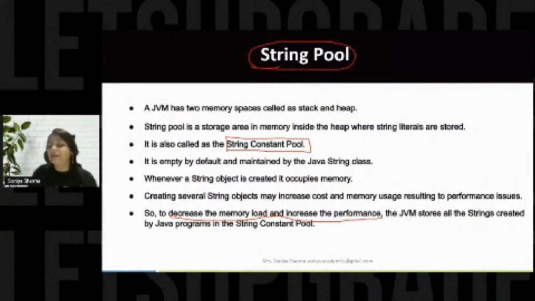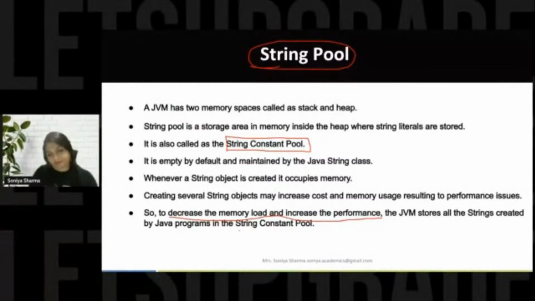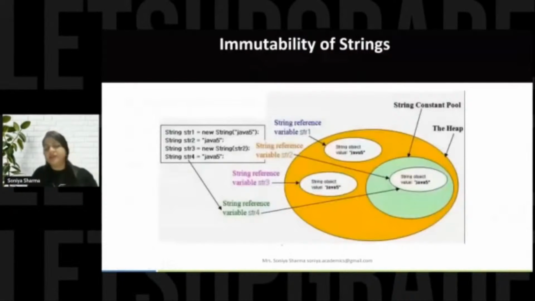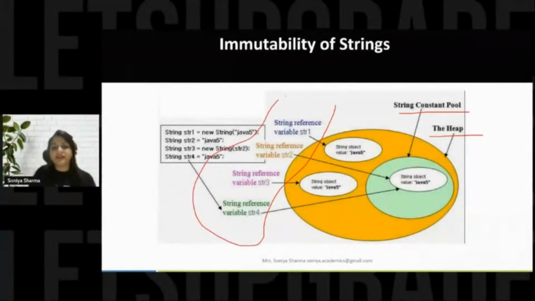JVM has given this separate treatment to the string data. This I have already explained with the help of a diagram. There is a string constant pool, there is a heap memory, there is a stack memory.